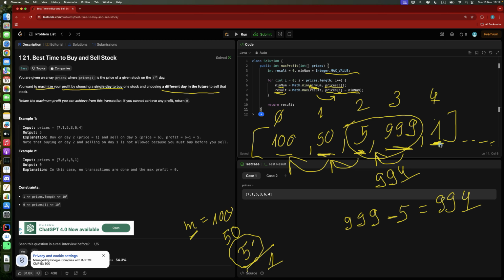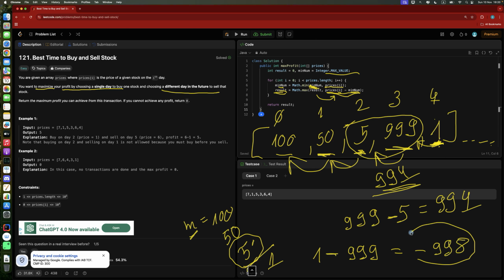And if we compare the current element with this, I mean, the min element is 1, the result is the maximum of the current result and this statement, price[i] minus minNum, which is 1 minus this big number, and we will get this number.